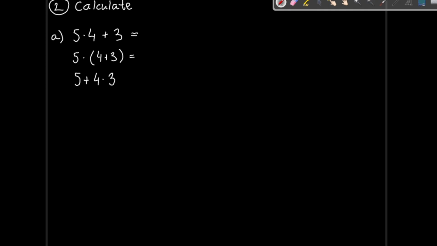And finally, we have 5 plus 4 times 3, 5 times 4 being brackets. So the idea here is just recognizing the order of operations.